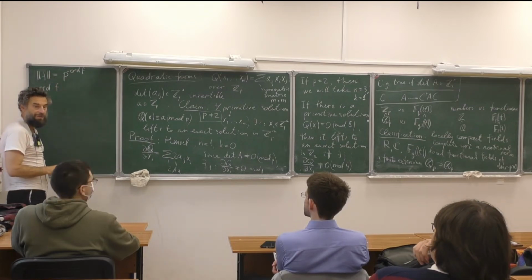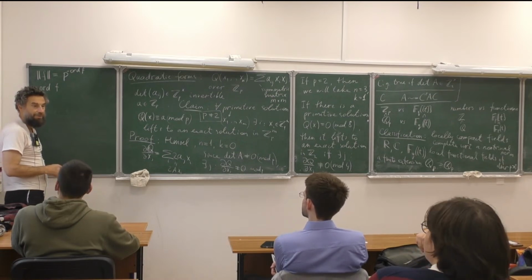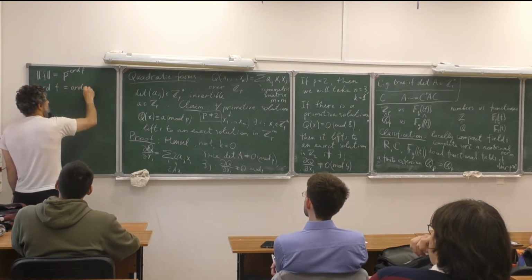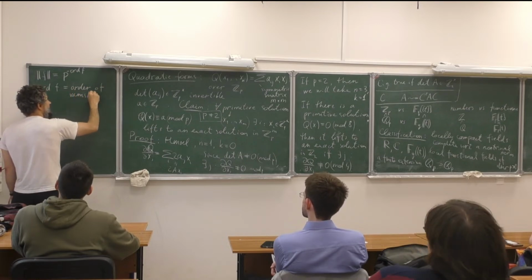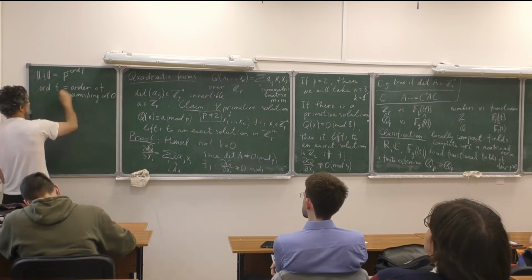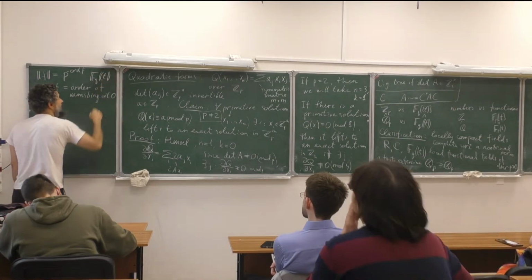Any suggestions? How much is divisible? Yeah, it's just the order of vanishing at 0, for the field F_q((T)).